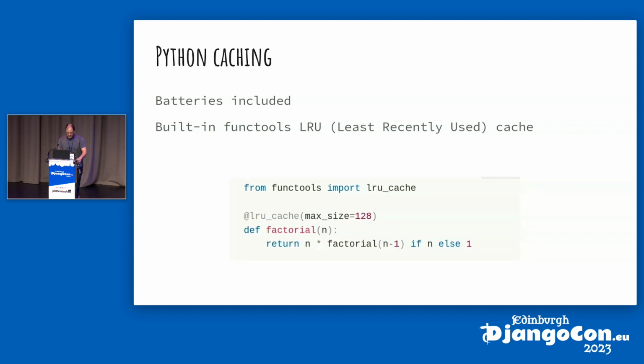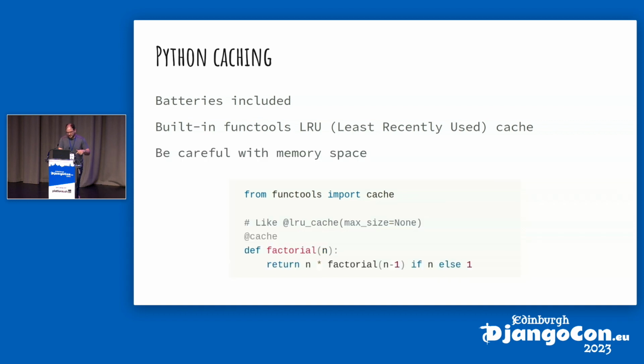It has two ways to do that. One is LRU cache, and the other one is the cache decorator. Both are really similar. The cache decorator doesn't have a limited size, so be careful with memory space. When you are doing cache, you have a lot of trade-offs. If you are doing too much cache, you use too much memory.